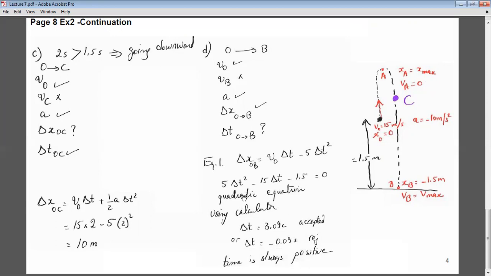Just Google how to use calculators to solve a quadratic equation. And it will give you 2 answers. One is positive, one is negative. You will reject the negative because time can never be negative. Time is always positive. So we get delta T equal 3.09 seconds, and it's the accepted answer.